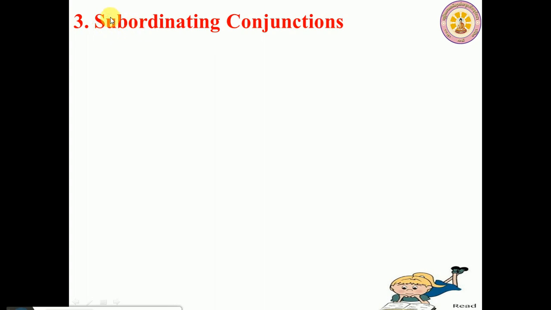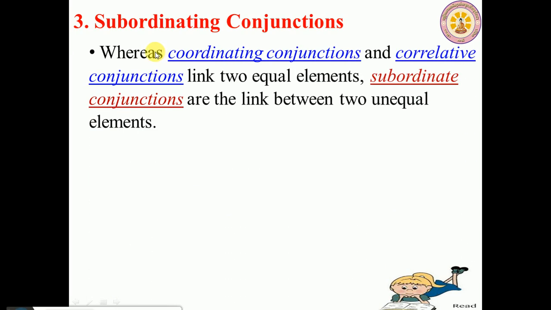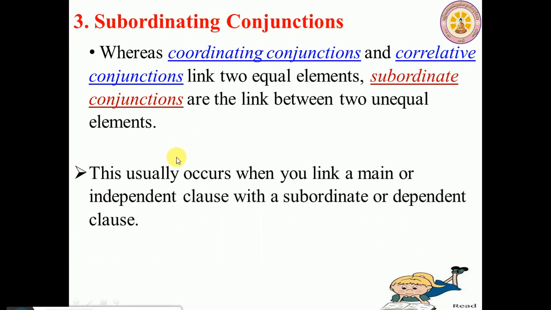The third kind of conjunction is the subordinating conjunction. Whereas coordinating conjunctions and correlative conjunctions link two equal elements, subordinating conjunctions link two unequal elements.